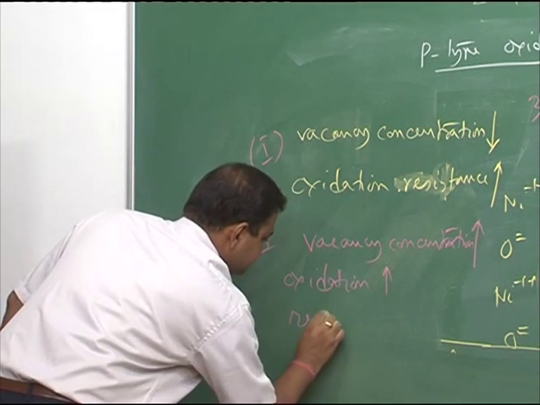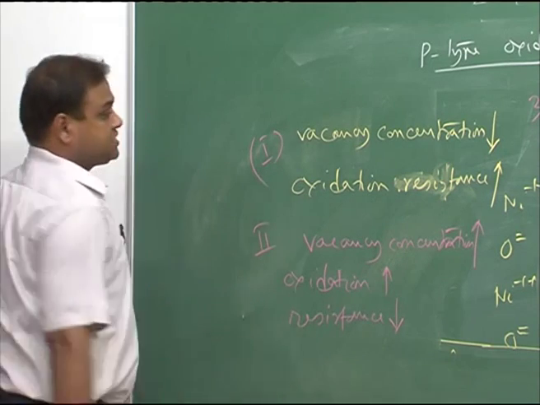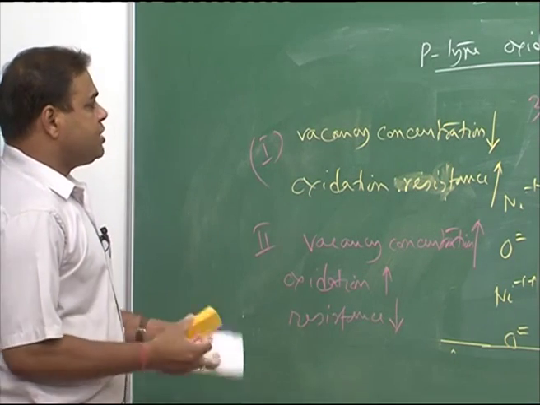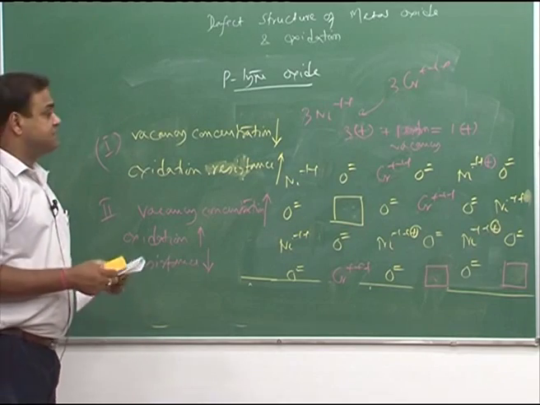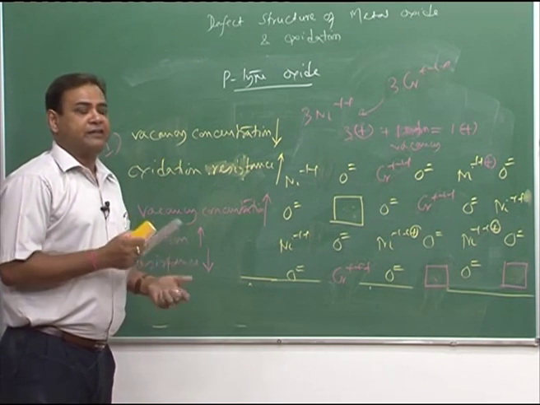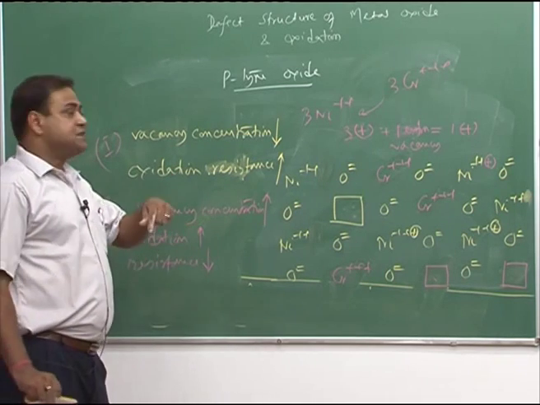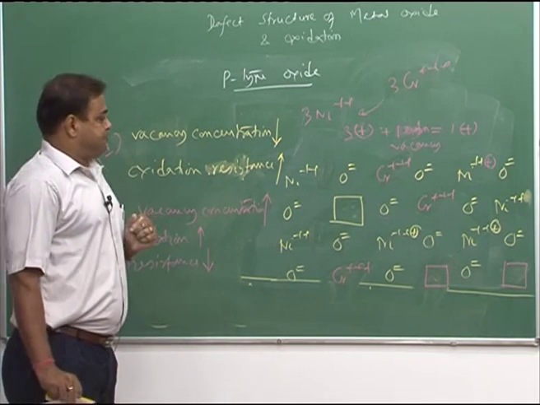So, oxidation resistance would go down. But generally we see that chromium addition is for improving the oxidation resistance of iron. That is true if the chromium content is beyond a certain critical limit.